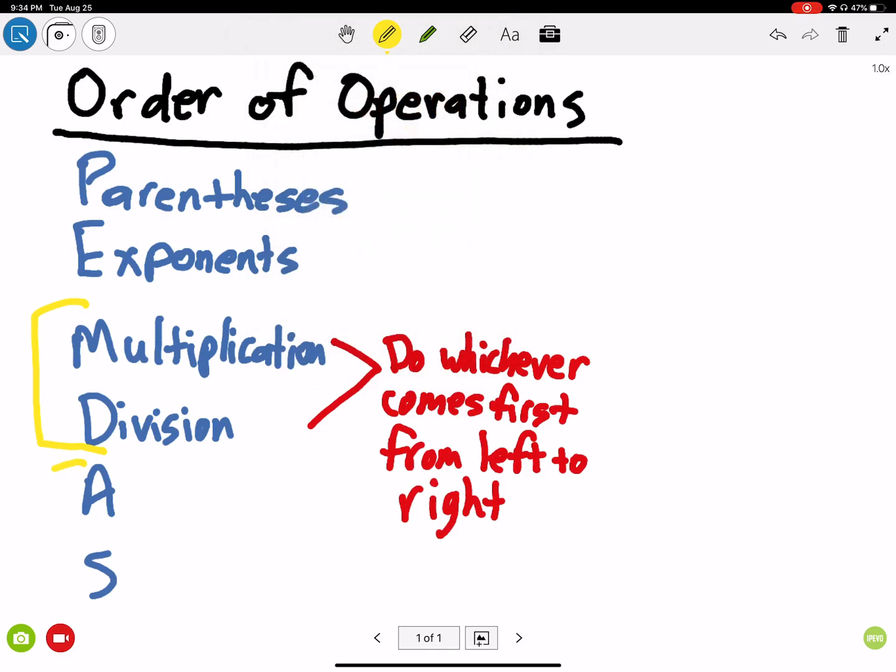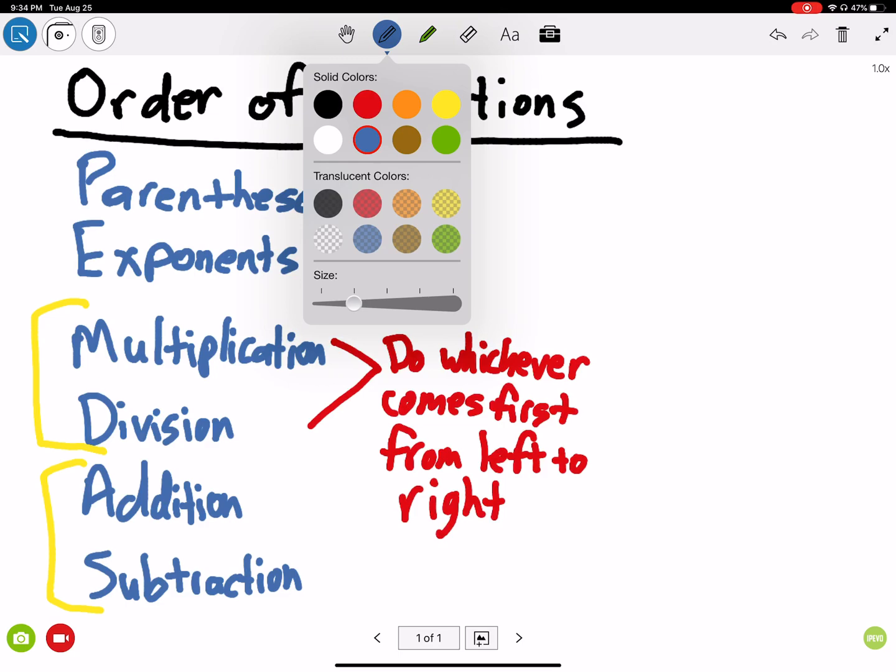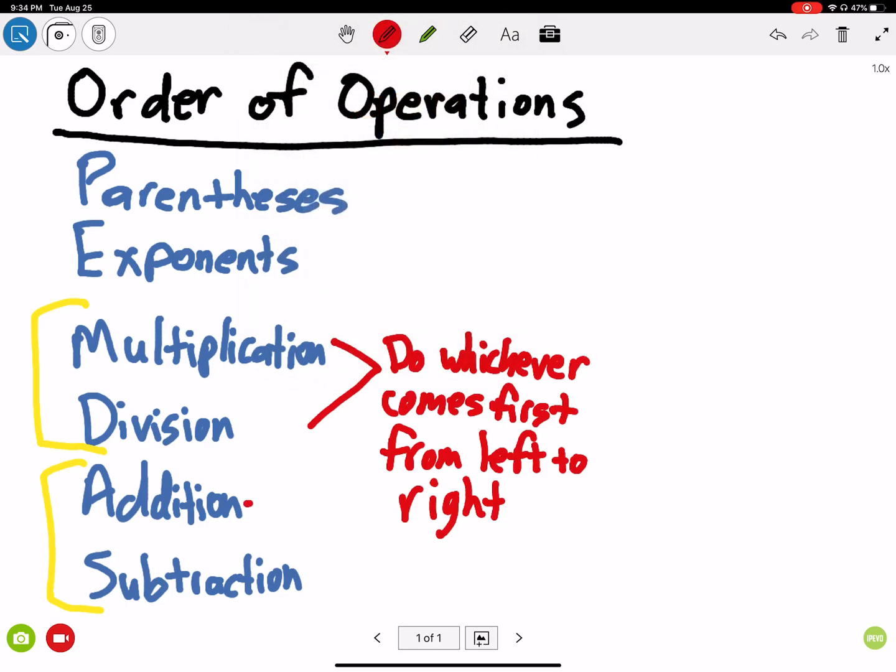And then we end with addition and subtraction. And these are grouped up together the same way. These are also done depending on which comes first from left to right.